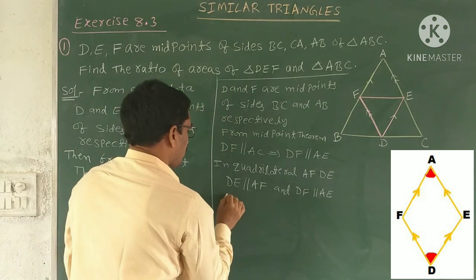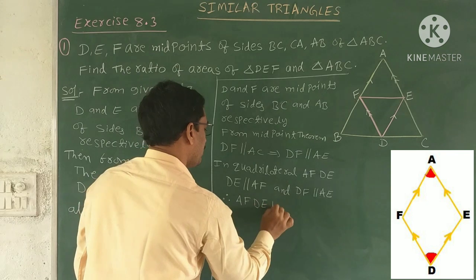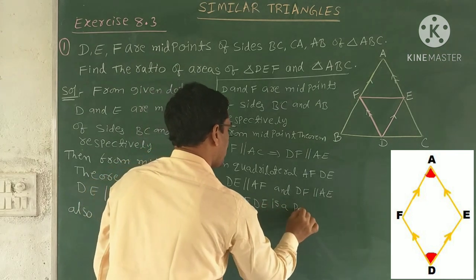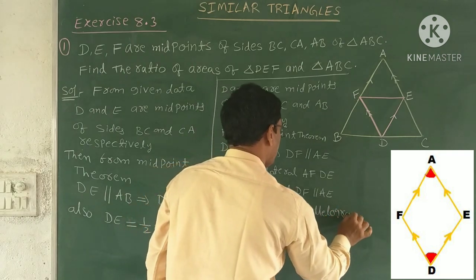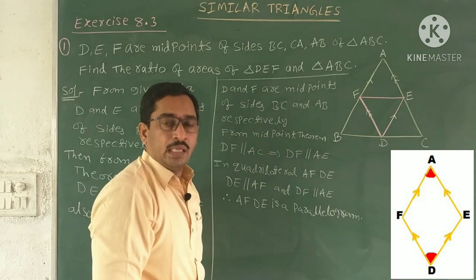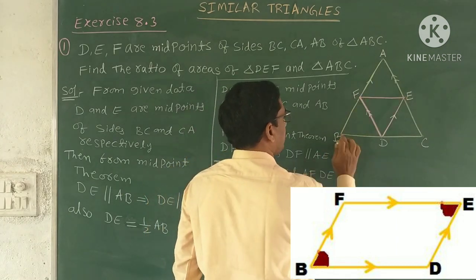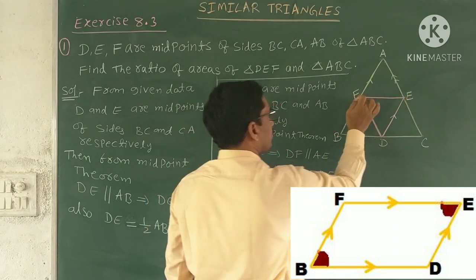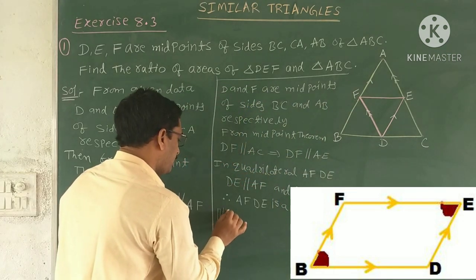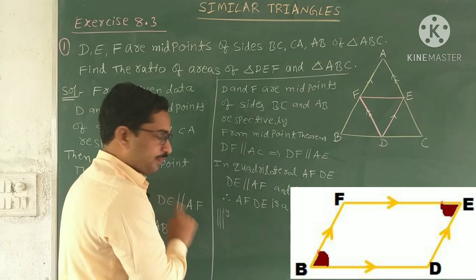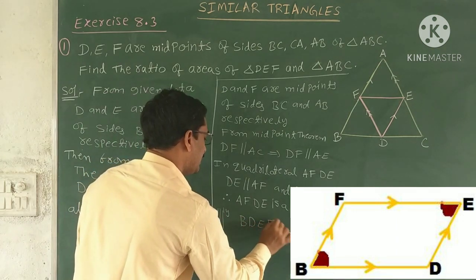So therefore AFDE is a parallelogram. In the same way, we can also prove BDEF. BDEF is also a parallelogram. Similarly, this is the symbol we use to denote similarly. Similarly, BDEF.